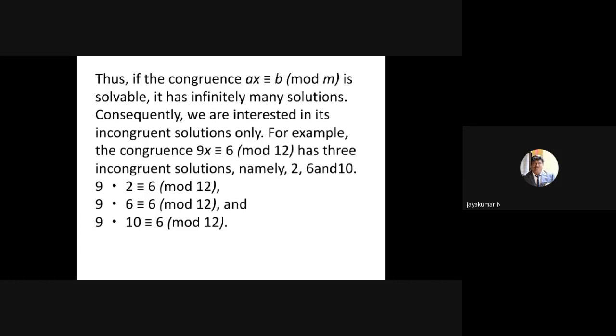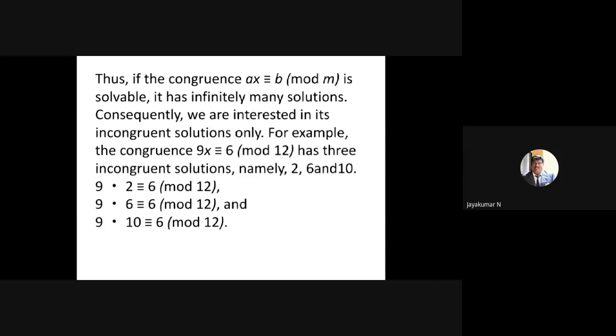So we're going to see the theorem, which provides necessary and sufficient conditions for a linear congruence to be solvable. Also this theorem provides the number of incongruent solutions and a formula for finding them when the congruence is solvable. The next one is an important theorem.